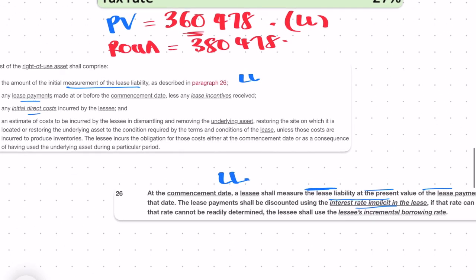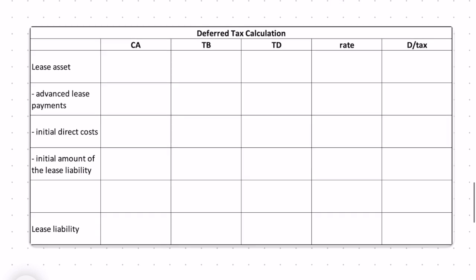So if we just think about the lease liability for a second, the carrying amount of the lease liability is 360,478. So that is what we have in terms of the lease liability. Now, from a tax perspective, what is our tax base? We know that this represents the future lease payments, and the future lease payments are all going to be deducted from a tax perspective.